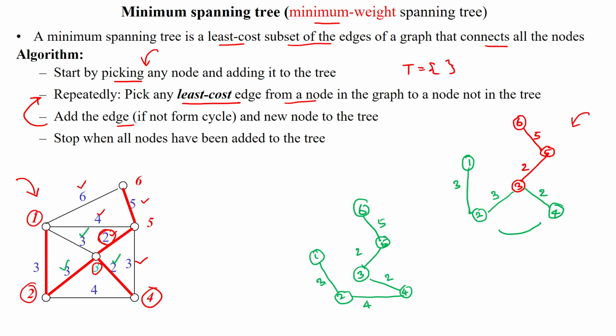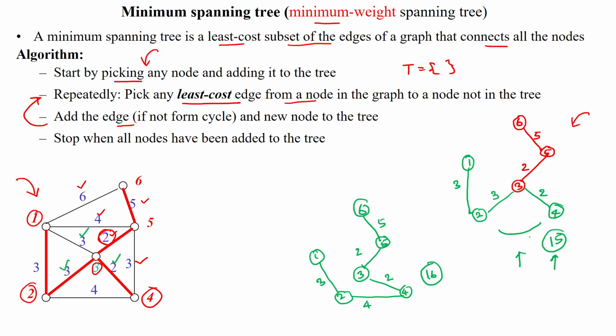Calculating that edge cost: 3 plus 4 is 7, plus 2 is 9, plus 2 is 11, plus 5 is 16. So 16 is the cost here. But in our tree the cost is 3 plus 3 is 6, plus 2 is 8, plus 2 is 10, plus 5 is 15. So the edge cost is 15, and 15 is the minimum cost spanning tree.